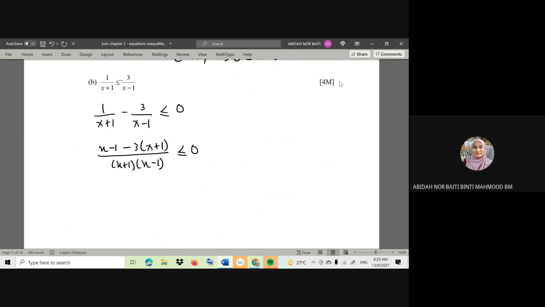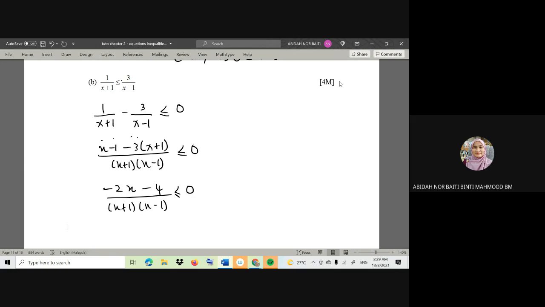So at the numerator, we get what? 1 minus 3 is minus 2, right? Negative 1 minus 3, negative 1 minus 3 is minus 4. Correct? Expand the numerator only. For the denominator, no need to expand, leave it in that form.